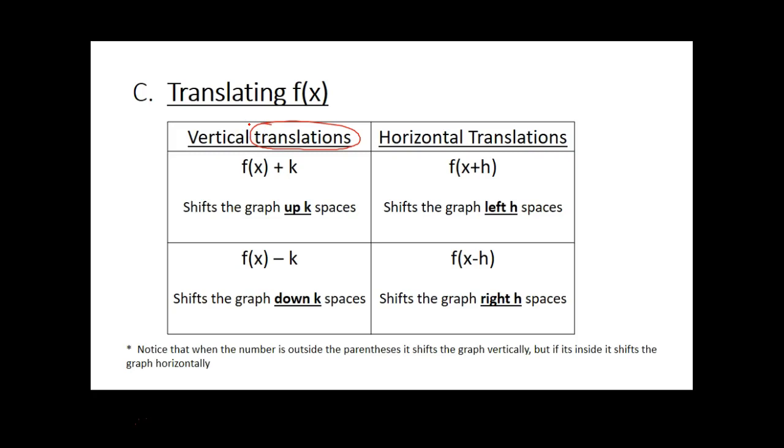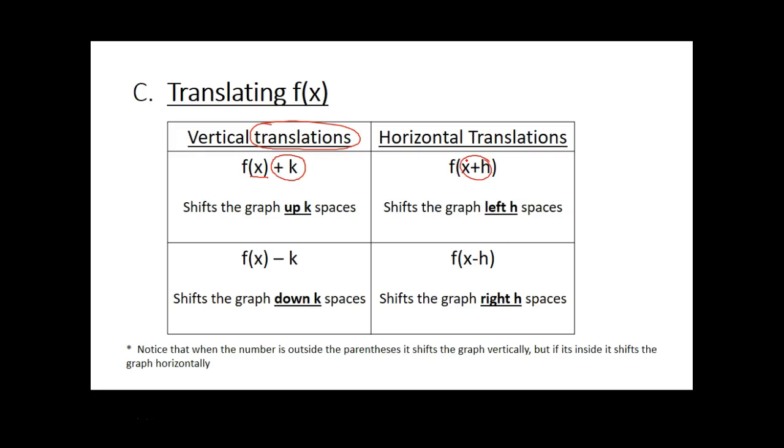You're not really changing its shape or size, you're just sliding it around. Translations happen when you add or subtract a number to your function somehow. When you add or subtract a number outside the parentheses, that shifts your graph up and down. But when you add or subtract a number on the inside to the x, that shifts it left and right.